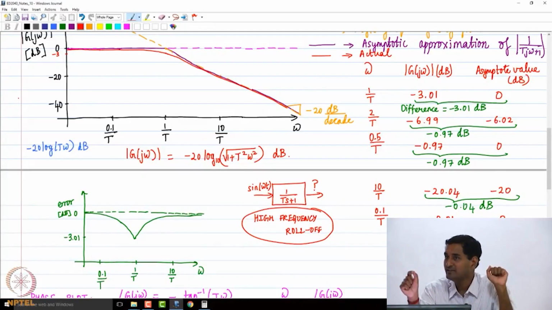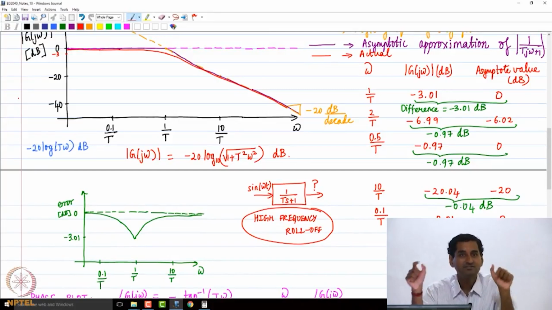I immediately know that T is equal to 0.1 by comparing. So 1 by T is 10. The cutoff frequency is 10 radians per second, so the bandwidth of that actuator is 10 radians per second. You can immediately talk about bandwidth and cutoff frequencies once you have this structure.